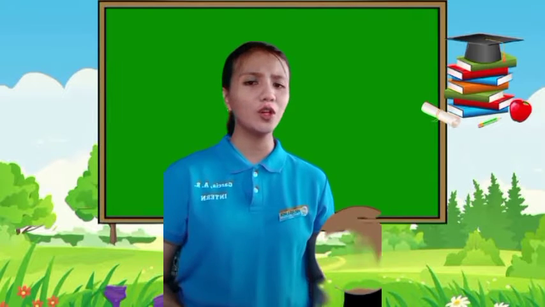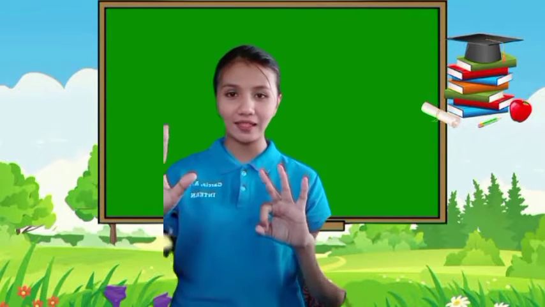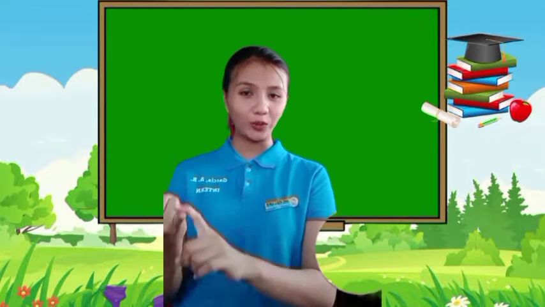Now, class, I will ask you what are some examples of planets? Yes? Very good. Our solar system is composed of 8 planets, which are Mercury, Venus, Earth, Mars, Jupiter, Saturn, Uranus, and Neptune.